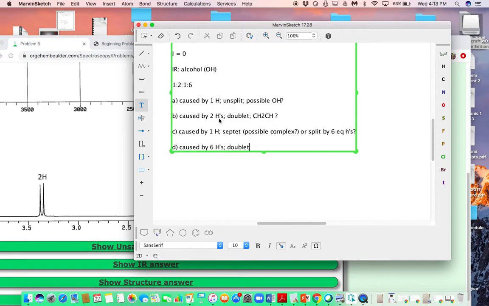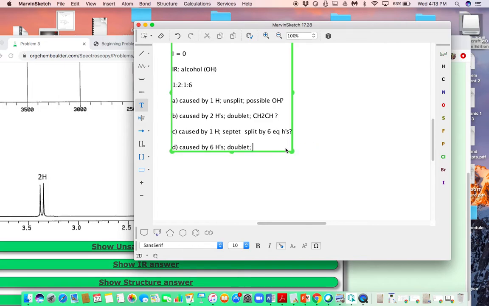So if I see that we do have a signal caused by 6 H's, that's going to tell me back in signal C that probably it's not going to be complex splitting, and it is split by 6 equivalent H's.